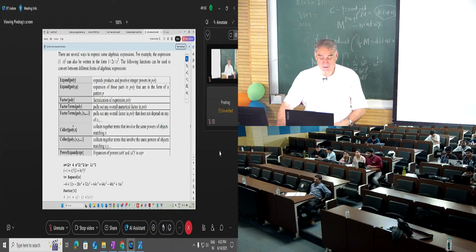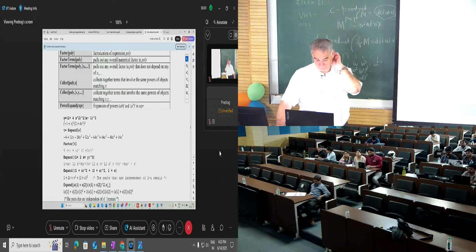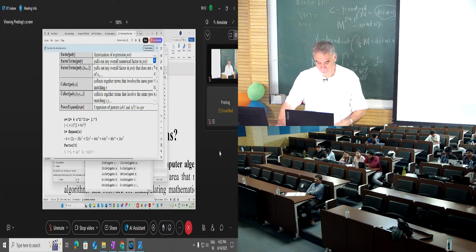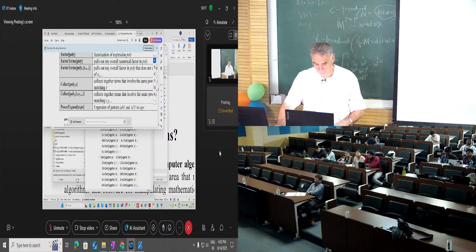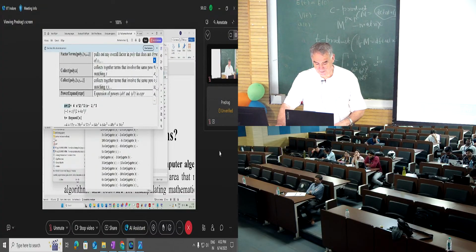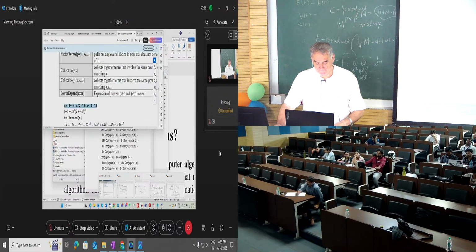What can we do with polynomials? We can define a polynomial in an arbitrary number of variables. Here is a polynomial of one variable.